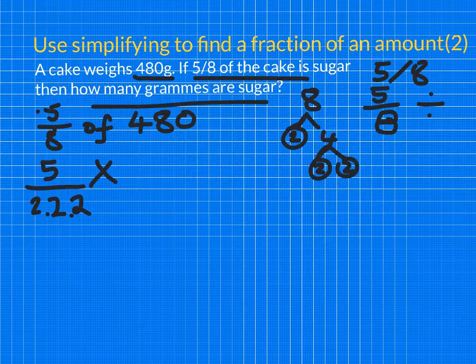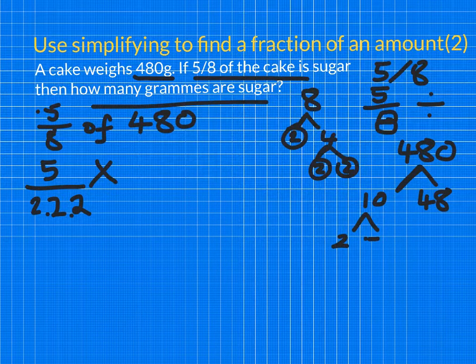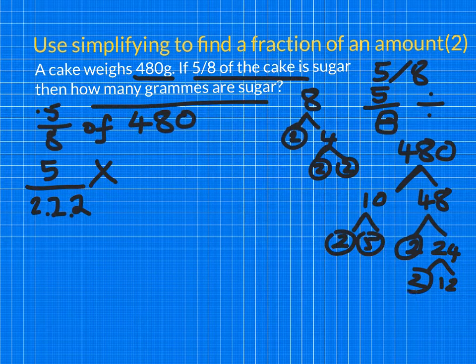Then we've got 480. 480, well 10 goes into that. 10 times 48. 10 is not prime, so it can be split down into 2 times 5. They're both prime. 48 could be 2 times 24. 2 is prime. 24 could be 2 times 12. 2 is prime. 12 could be 2 times 6.